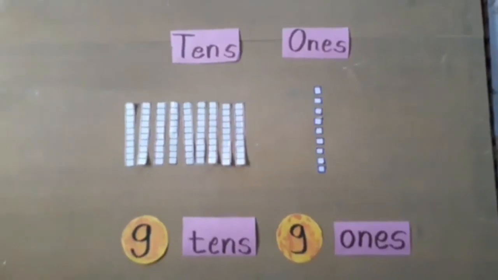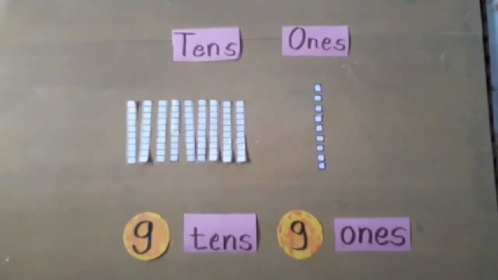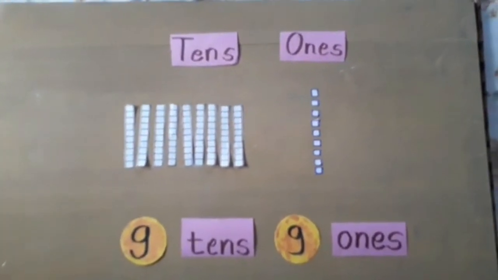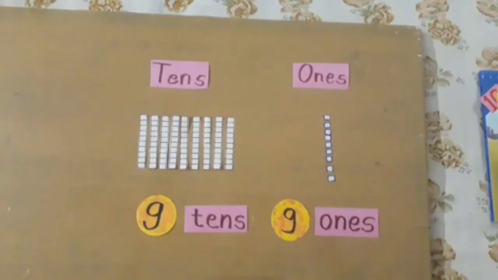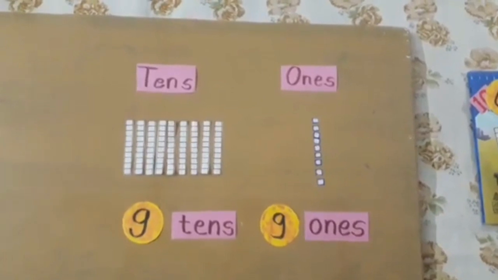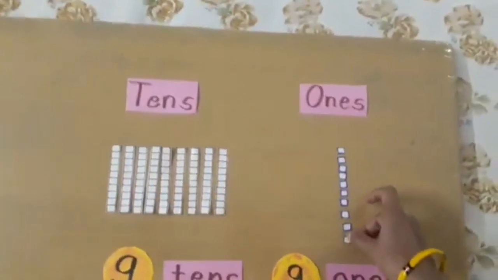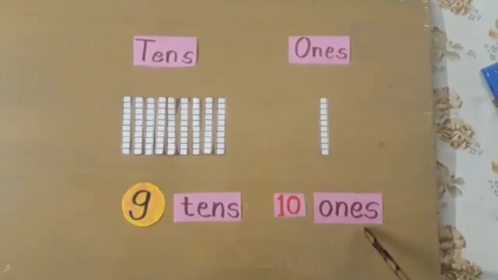In the same way, we are going to write the numbers till 99. 99 is the greatest 2-digit number. In the ones column, when we add one more square, it will become 10 ones.